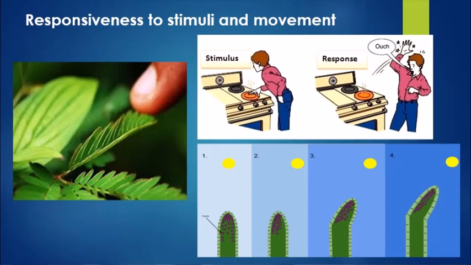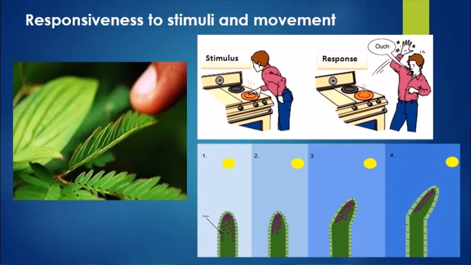Now living things have the responsiveness to stimuli. In humans and animals, we can respond accordingly, but in plants also there is responsiveness to stimuli. For example, if you see a mimosa plant and if you touch that plant, the leaves automatically close. So that is nothing but the responsiveness to stimuli. And in plants also the movement is there.